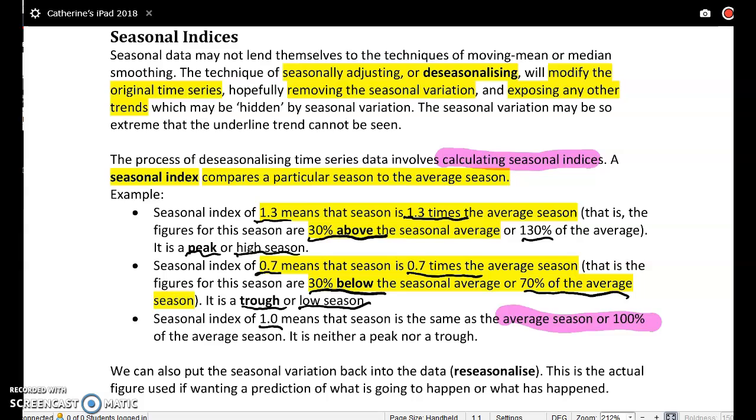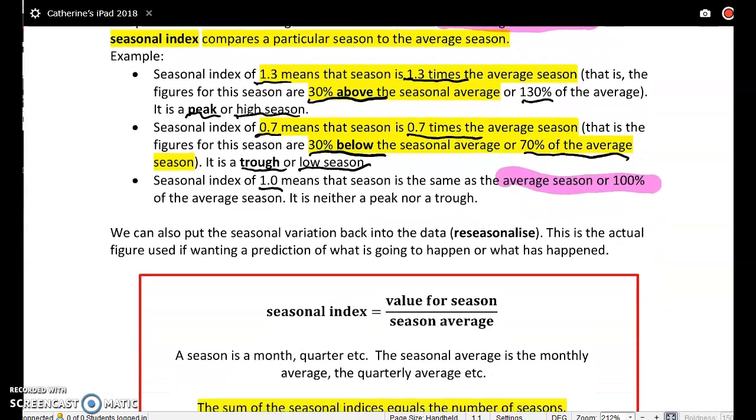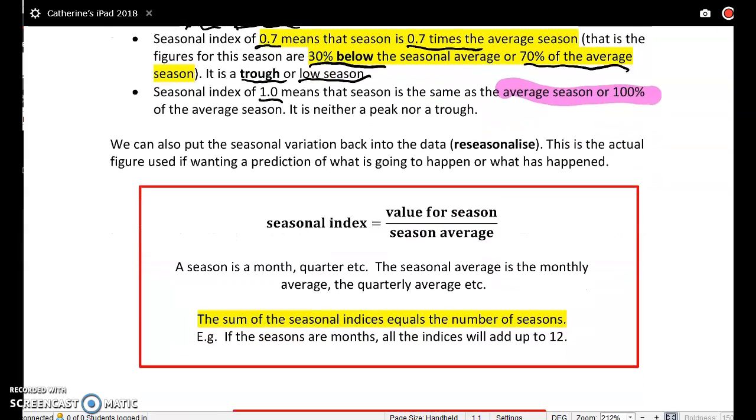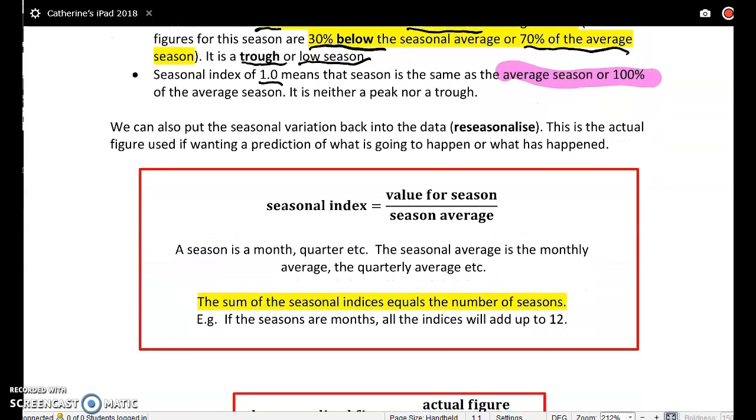So there's a bit of calculation going on here. Once we deseasonalise it, we can then use that to come up with predictions, and then we've got to reseasonalise it to get our actual data, which we'll get to later.